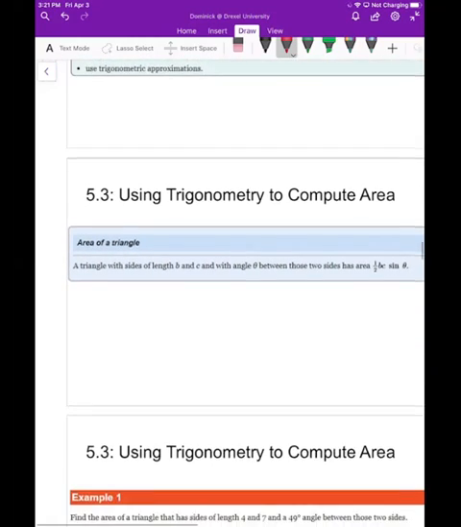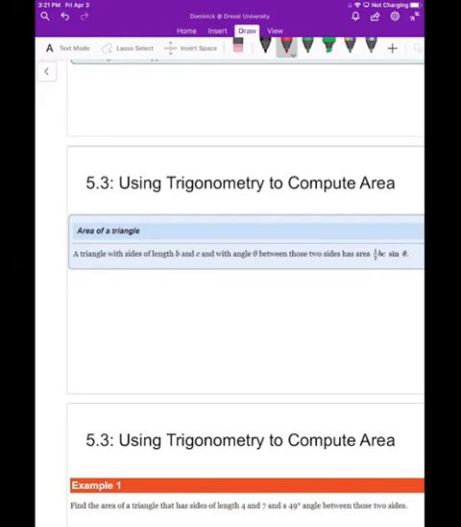All right, so the first thing we're going to start with is that if you have a triangle that may not necessarily be a right triangle, let's try not to draw a right triangle, then if you're given two sides that we'll call B and C and the angle between them, then the area of that triangle is 1/2 of B times C times sine of that angle, right?